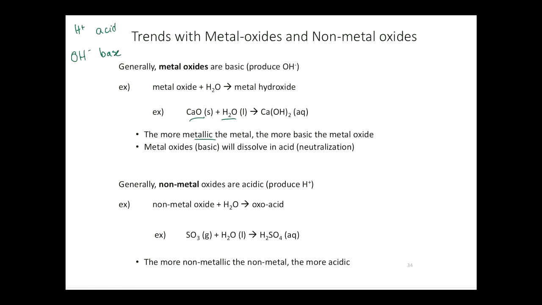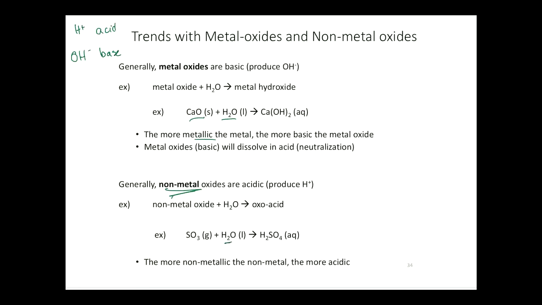More metallic oxide, more basic. On the flip side, you can think about non-metal oxides the same way, that the more non-metallic your non-metal oxide, the more acidic it will be. And so here's an example. So non-metal oxides are acidic, they produce H+. So here is SO3.